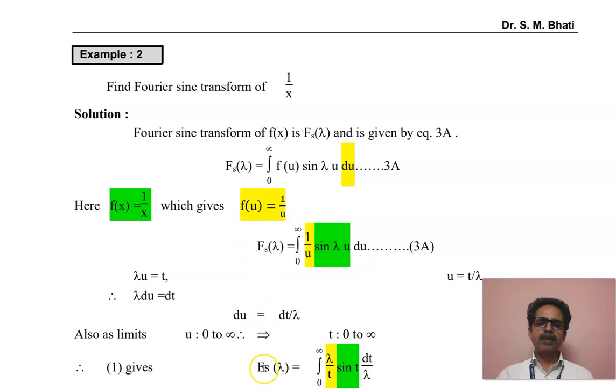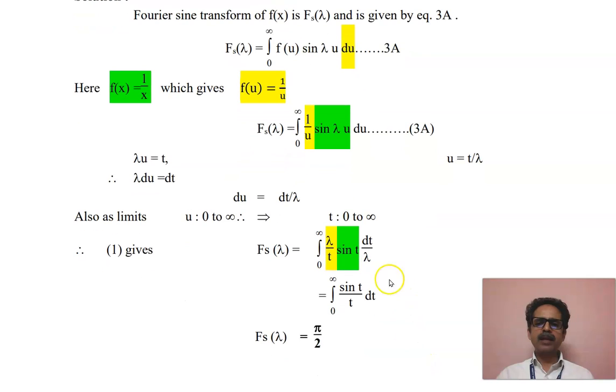Now convert the right hand side into the new variable t along with the limits. That's why Fs lambda is now equal to the integration from 0 to infinity, and the limits of t remain the same. Then 1 upon u is nothing but lambda upon t. The value of lambda u is t, while the value of du is dt upon lambda.